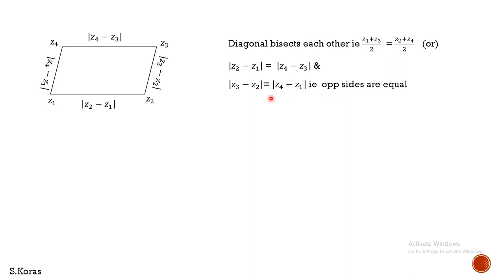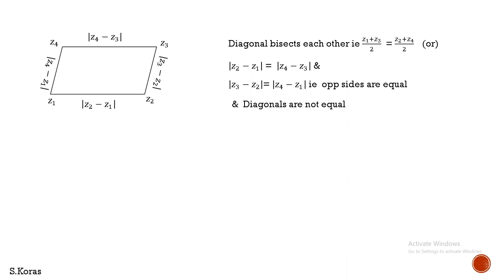In case you want to prove this parallelogram doesn't form a rectangle or a square, that it is a parallelogram but not with right angles at any place, then you have to prove using the distance between z1 and z3 and z4 and z2 are not equal to one another. That is, the diagonals are not equal. But that is not so important, because the question may not be like that.